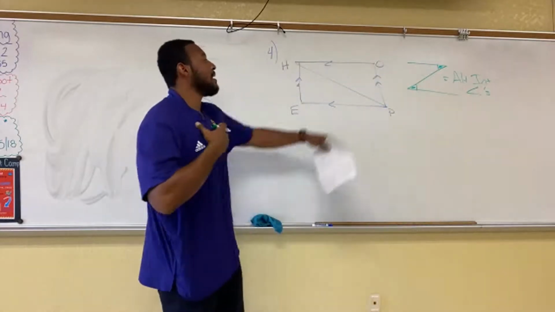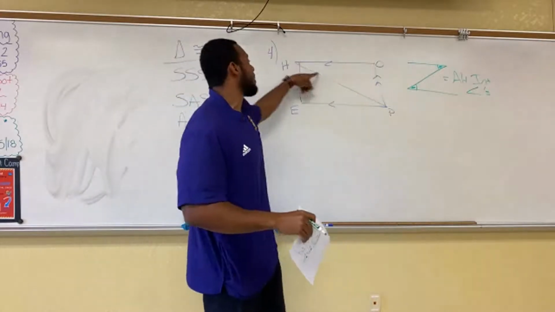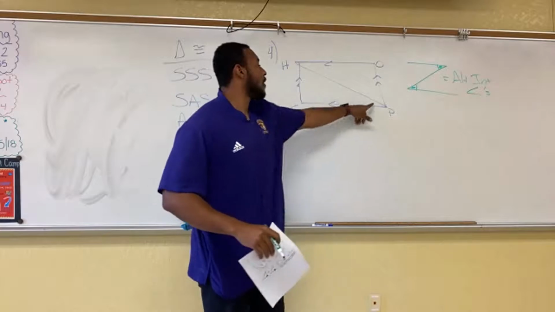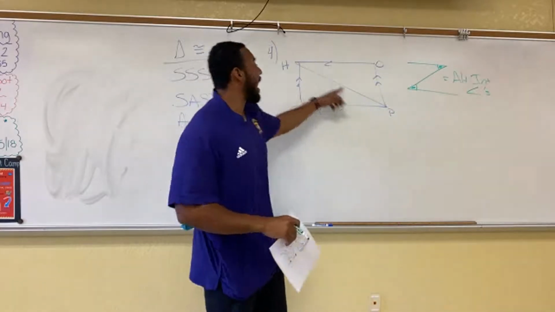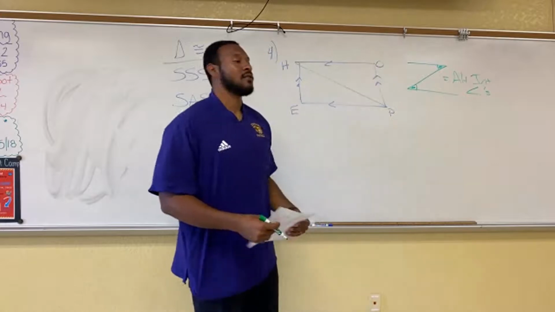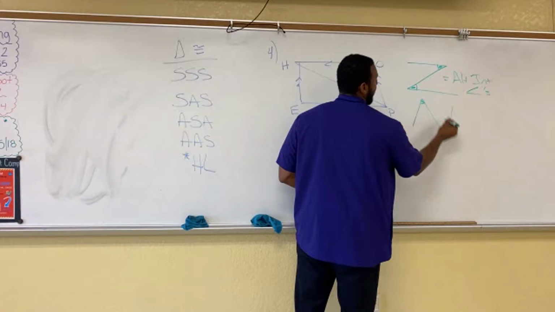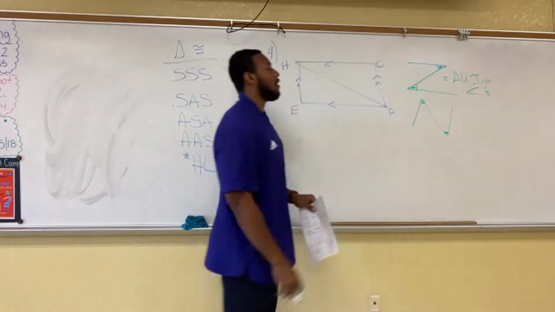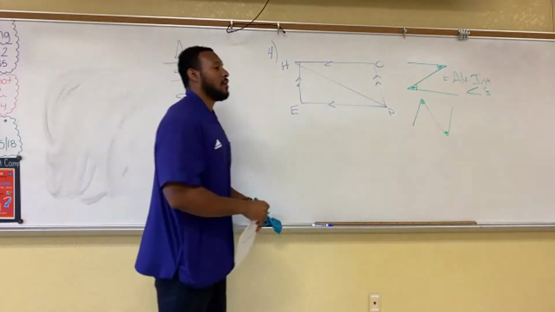So like I tell my other kids, if you can trace a Z, you have alternate interior angles. That's the relationship right there. If you trace an N, it's alternate interior angles too. So Z or N, you get alternate interior angles. Zen. Boom.